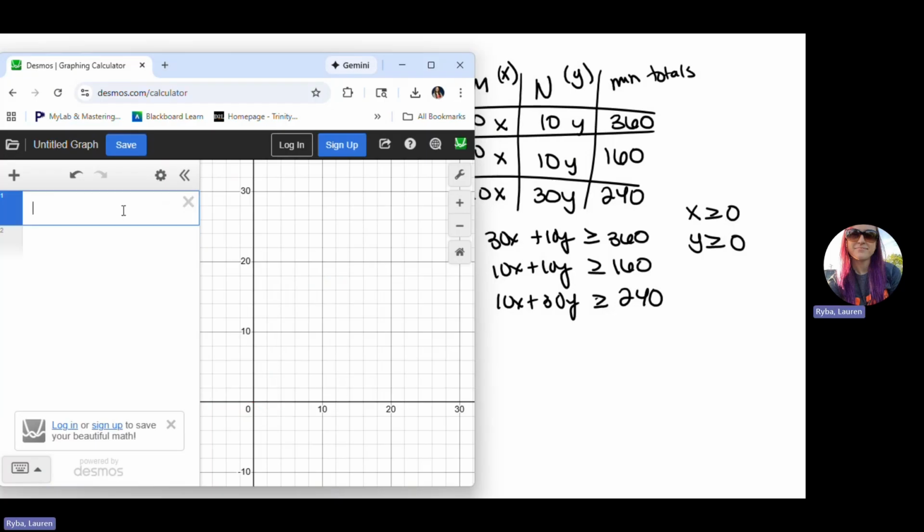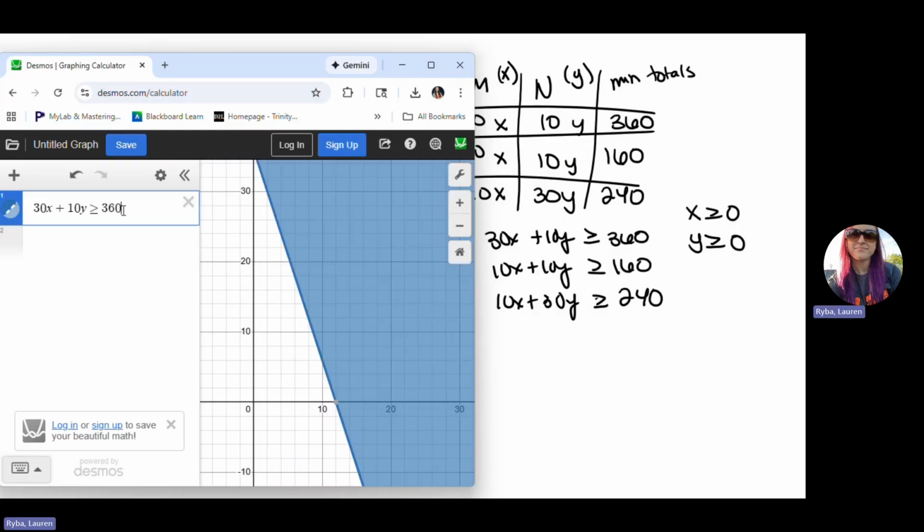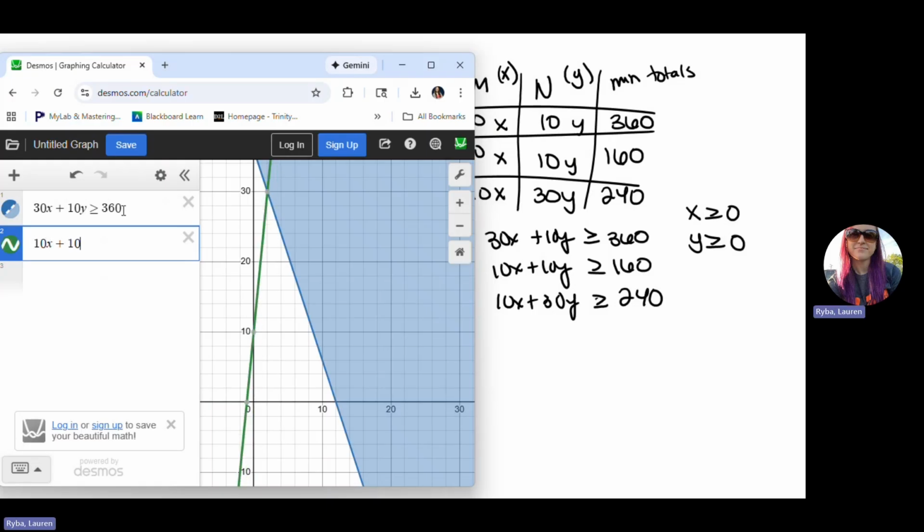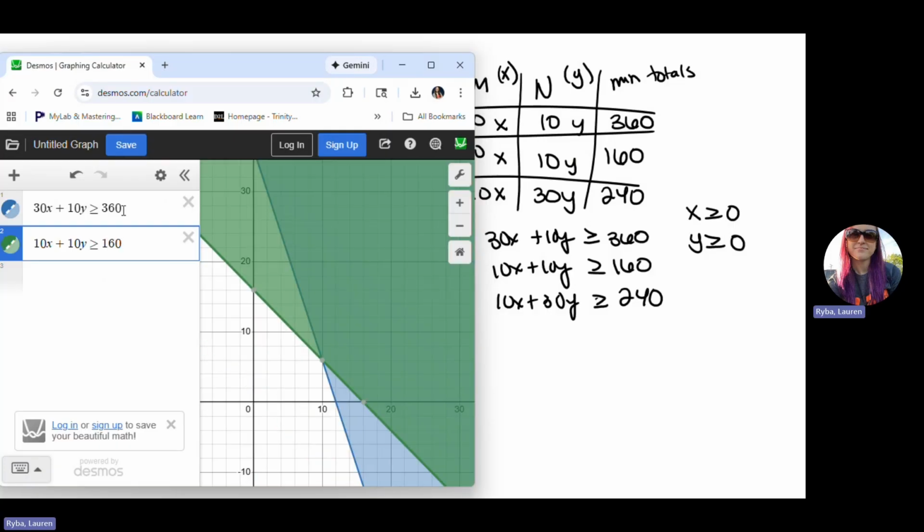So one at a time. 30x plus 10y greater than or equal to 360. 10x plus 10y greater than or equal to 160. 10x plus 30y greater than or equal to 240.